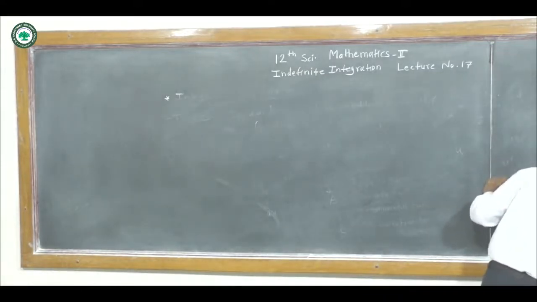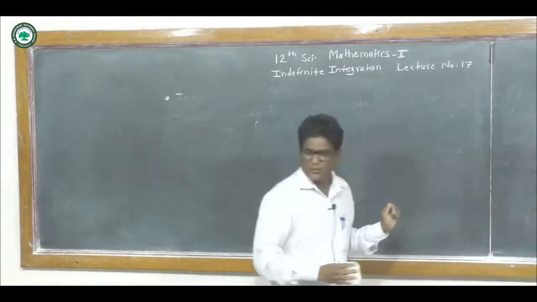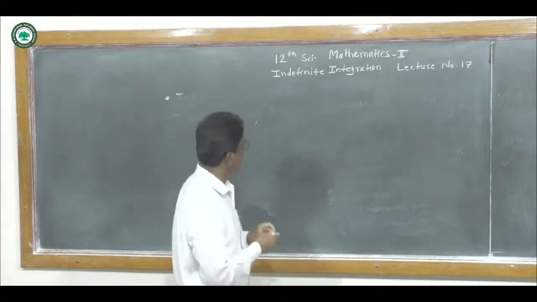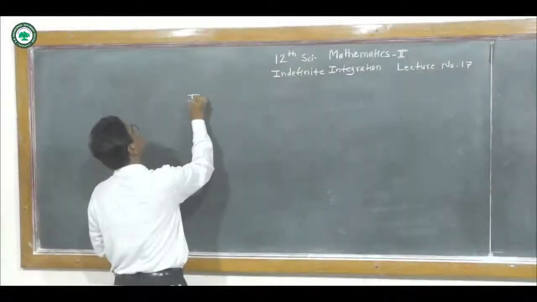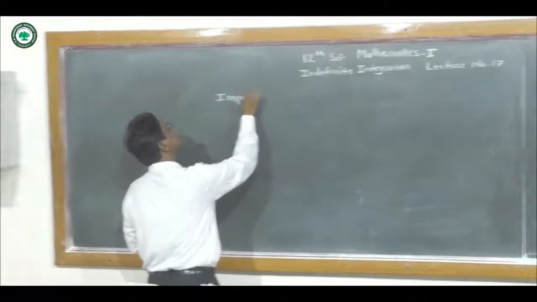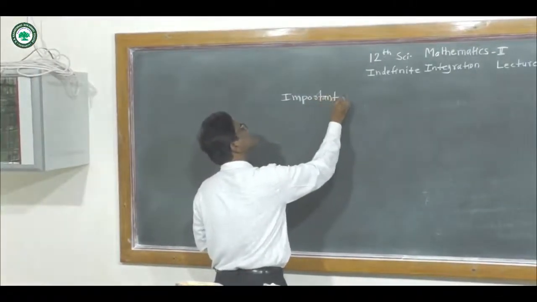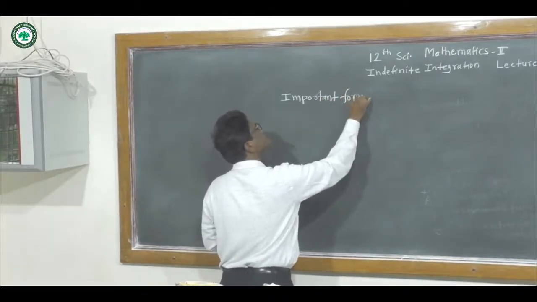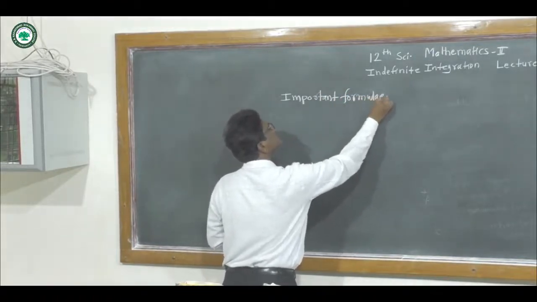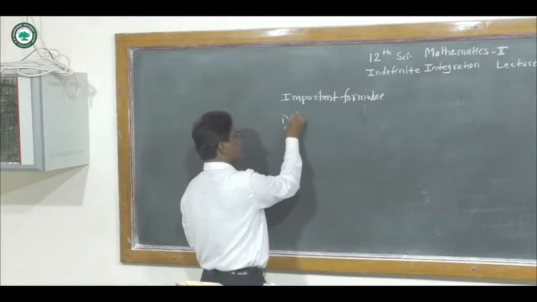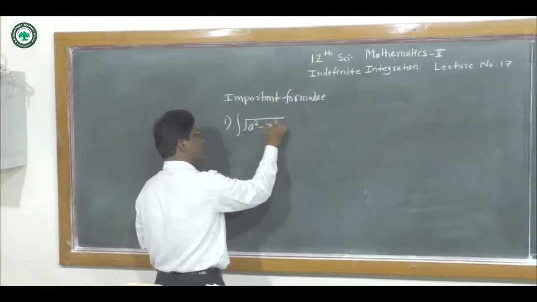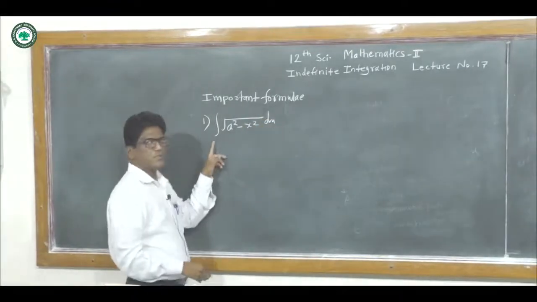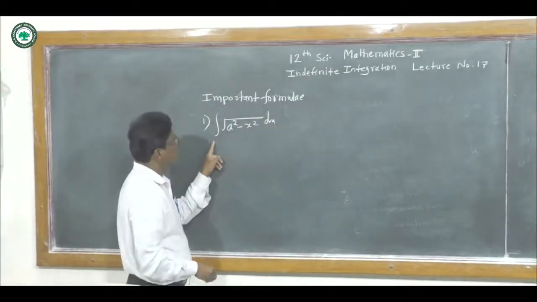Now here we want some formulas to solve the problems of exercise 3.3. We need some important formulae. First one is integration of root of a square minus x square dx.